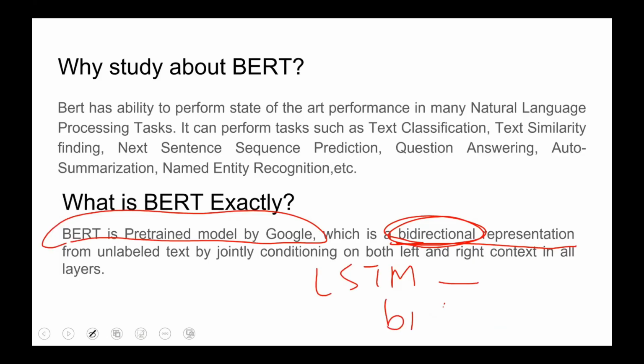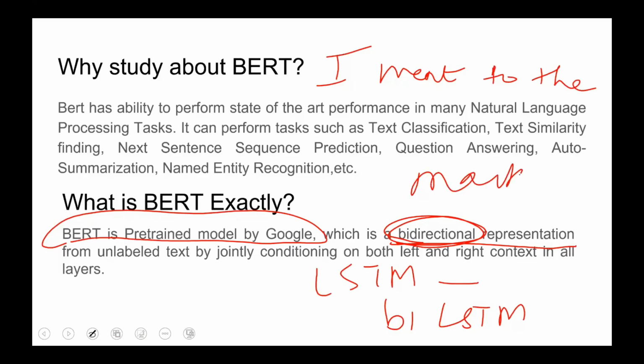Take the same example I gave you last time: I went to the market. In the case of the LSTM, it was trying to find the relationship only in one direction, if you remember.